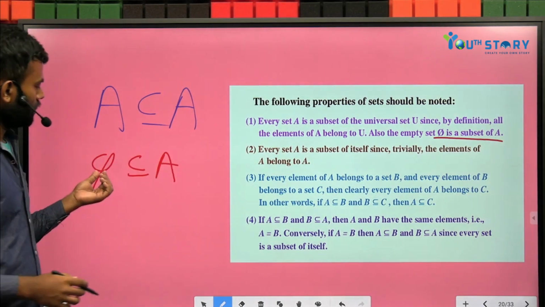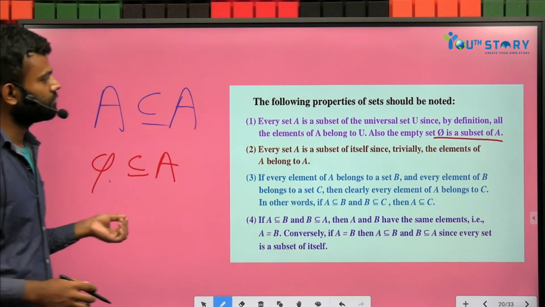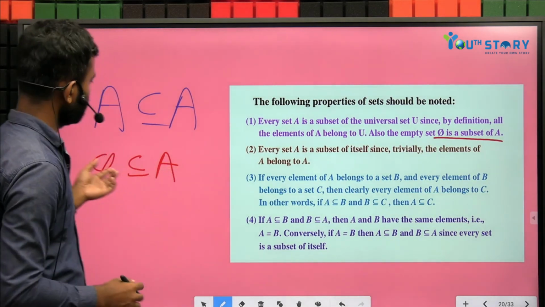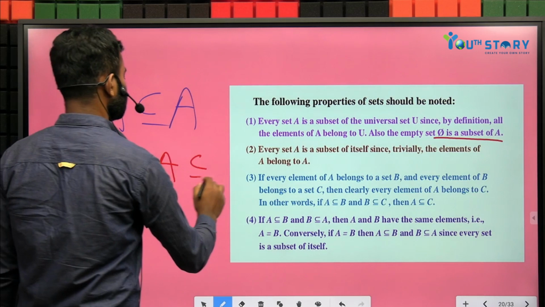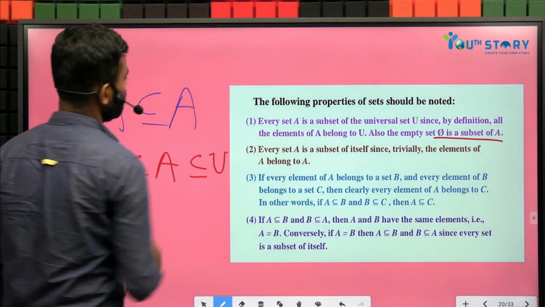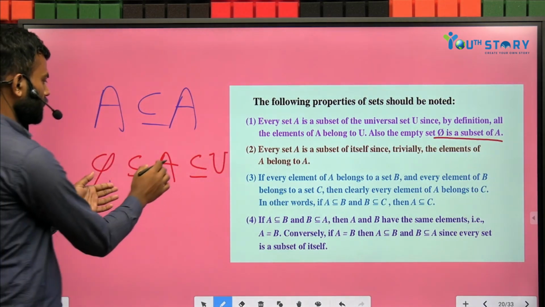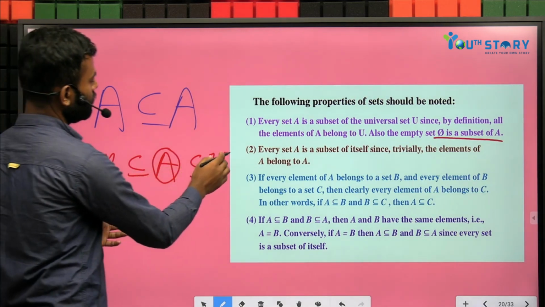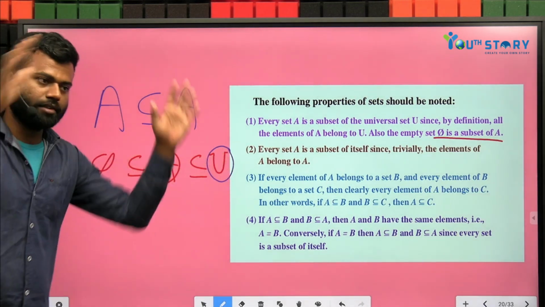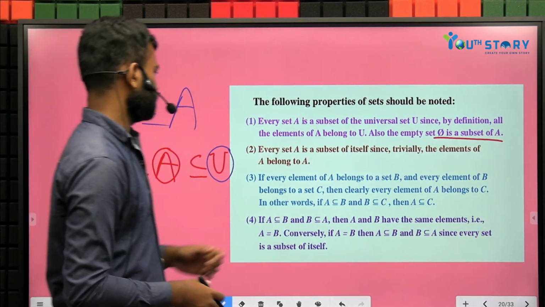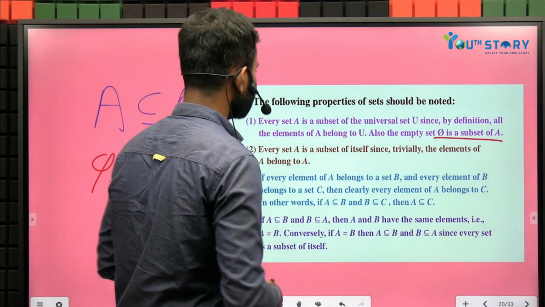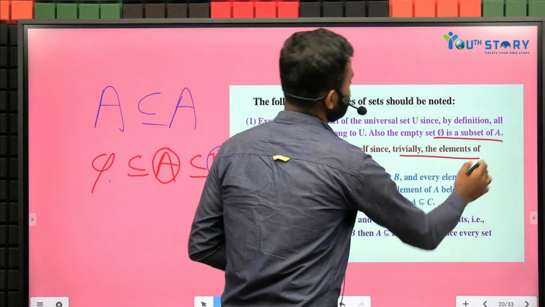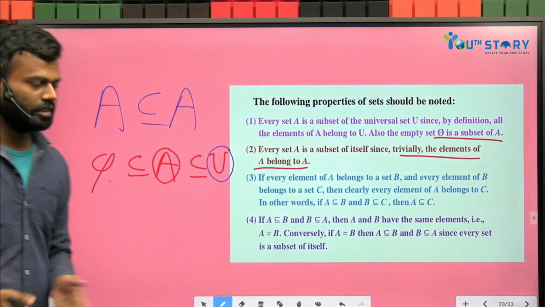And every set is a subset of the universal set U, since any element from this set also belongs to the universal set.